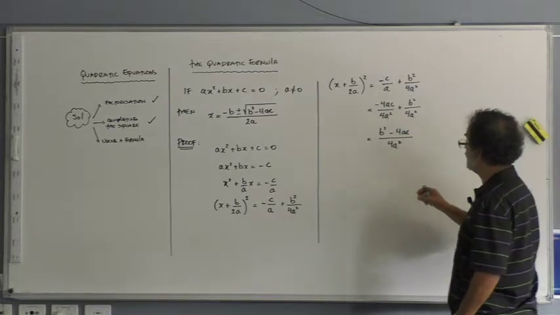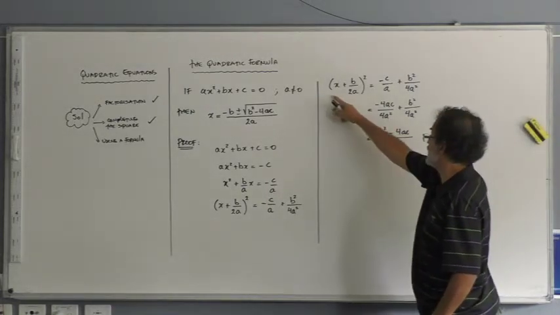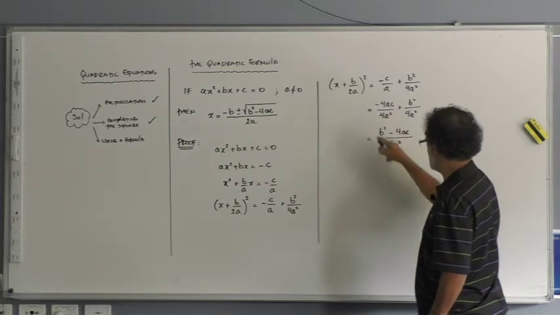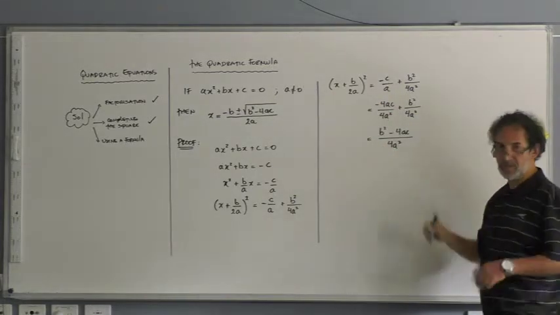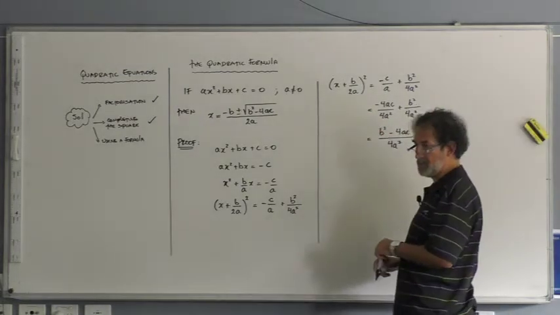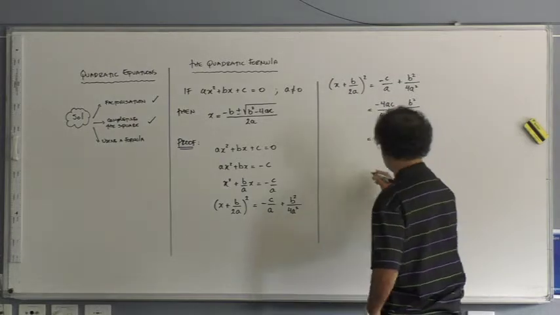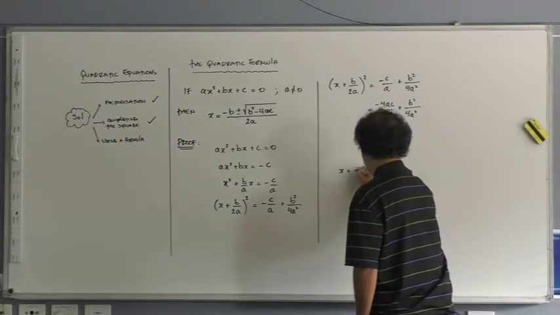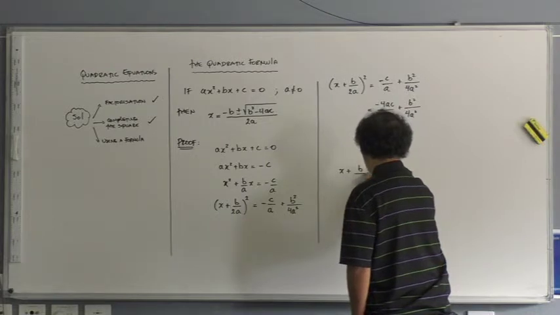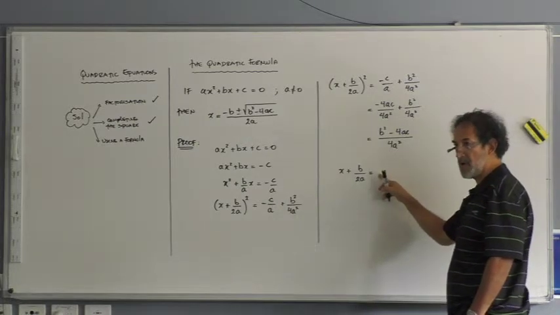But then we have to square root both sides. So we're going to square root this side, and then square root this side. When you square root this side, what happens? We don't have the square anymore, so we're going to have x plus b on 2a is equal to, and on the other side, remember that we have to do the plus and minus.